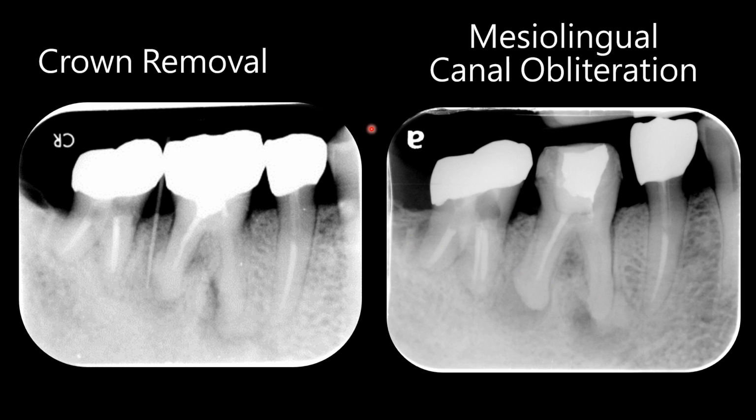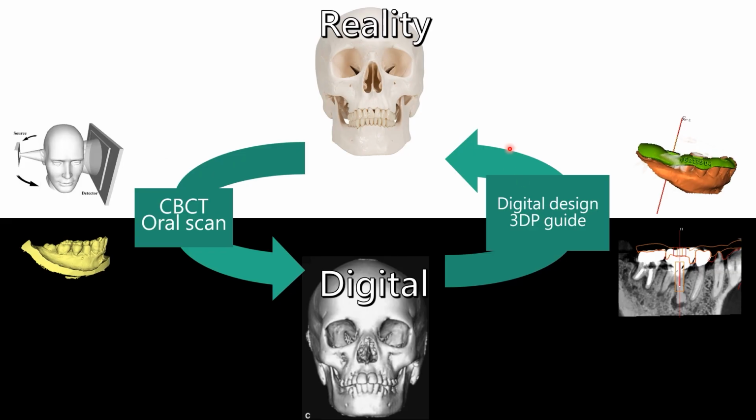So let's see, this is the first step. We removed the crown, and we removed the coronal sealing material, which was amalgam and IRM, but we found the mesiolingual root canal obliterated. So we checked the CBCT, and this is a simple concept of guided endodontics, or you can refer to it as any navigation system.